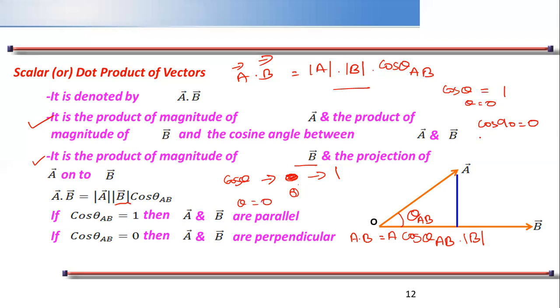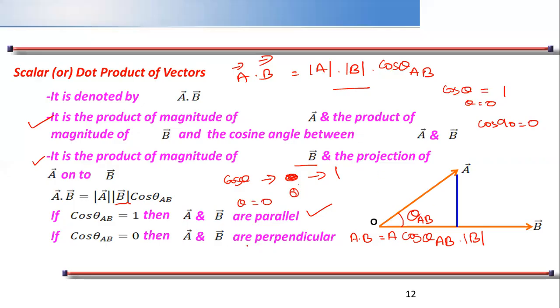Then we get negative values also, but I'm not going there now. Just think from 0 to 90 degrees. When cos theta AB is 0, it means A and B are perpendicular. That means the dot product is 0, because the angle will be 90 degrees. Even from the figure you can see you cannot project it here.